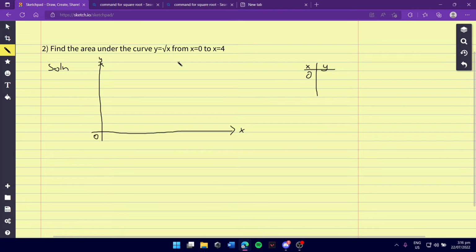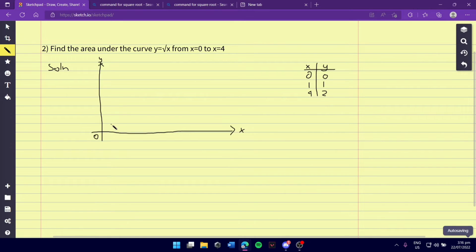If x equals 0, then the square root of 0 is 0. If your x equals 1, the square root of 1 is equal to 1. And then we'll input here 4. The square root of 4 is 2. So this is now your points.